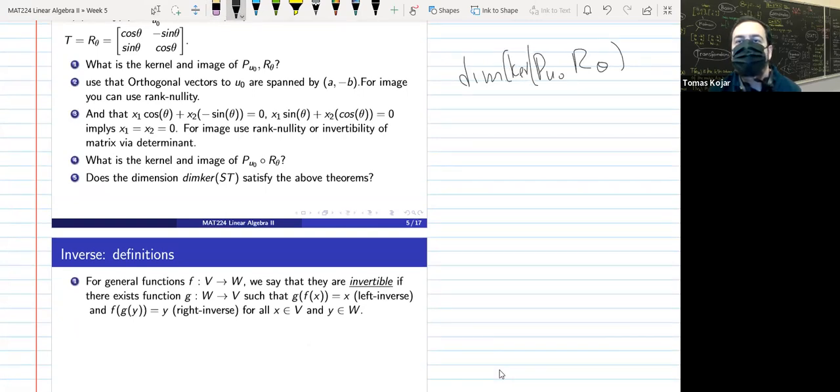Any ideas? What's the dimension of the composition when you first rotate and then send it down to U0? You can say in the chat too, is it 0, 1, 2? What do you think? Why?